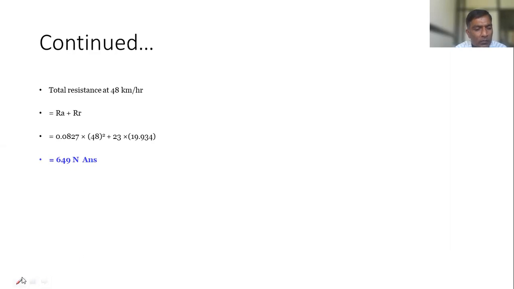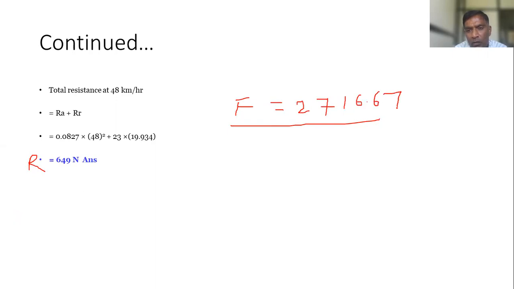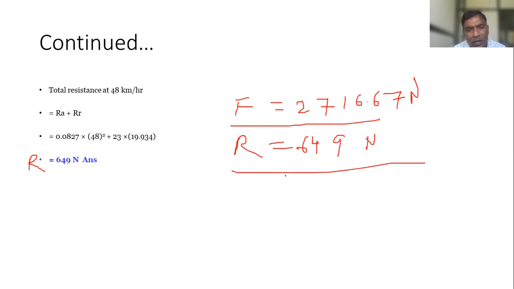Up to this completed? Yes, sir. Okay. So what is the value of F? Tell me, Sachin. 2716.67 Newton. No, F. Value of F, 2716.67, and value of R is 649. I am writing it for practice, I know, but still I am writing.